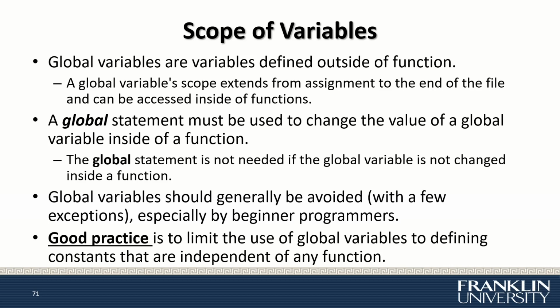Global variables should generally be avoided with few exceptions, especially by beginner programmers. You will write much better programs by not using global variables. You should limit global variables to things like global constants, like pi or e or whatever constant you use in the program.